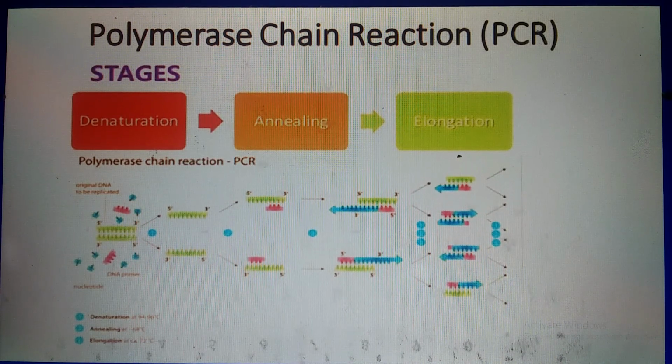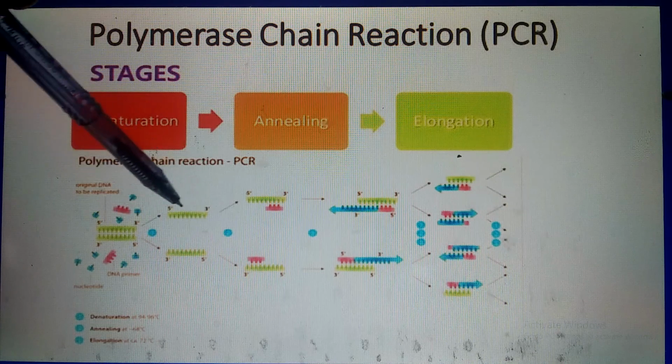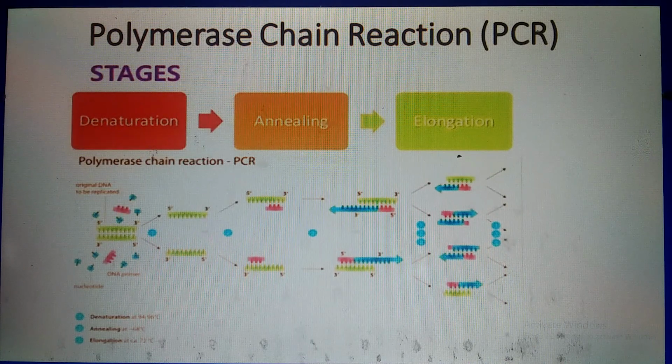The first one is denaturation. Denaturation is the step in which the double-stranded DNA, you can see here, is converted into single strand, because here the copies of DNA or gene are formed.